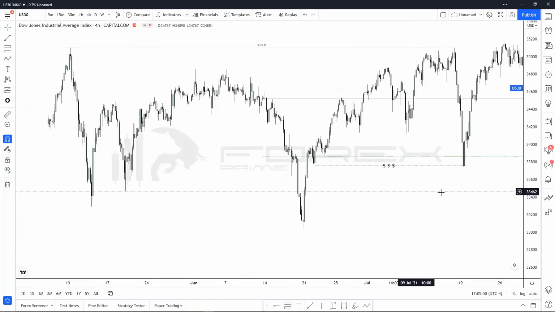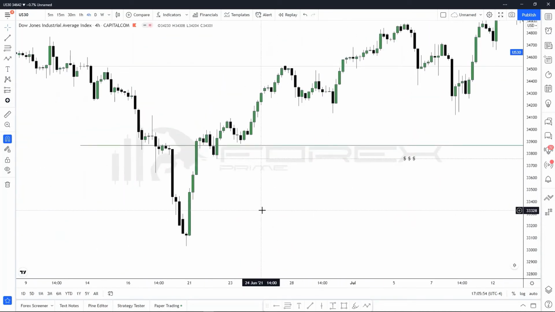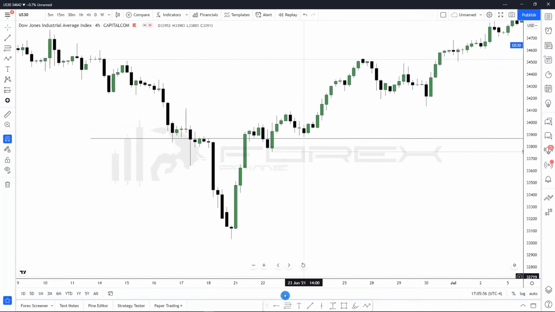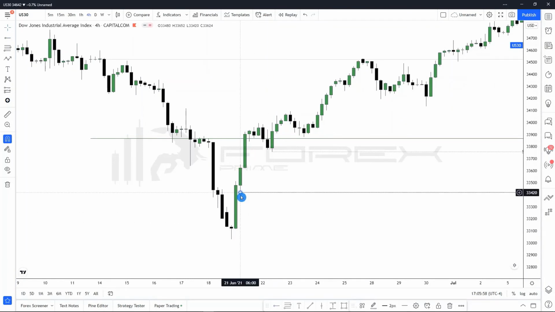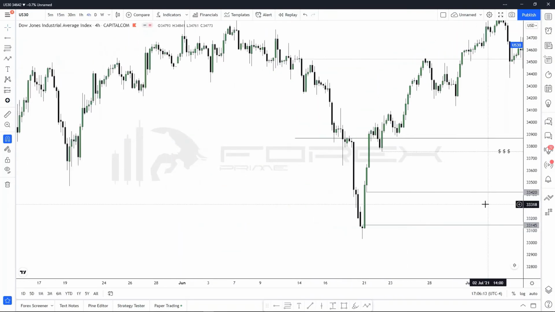All right, here. Let's just zoom in. Yeah, you can see that price needs to close in the low of that candle and obviously the high. All right, so yeah, that would be my focus. And then obviously you can use the last 3 down close candles as a potential order block.